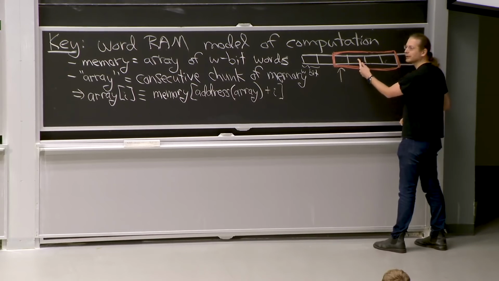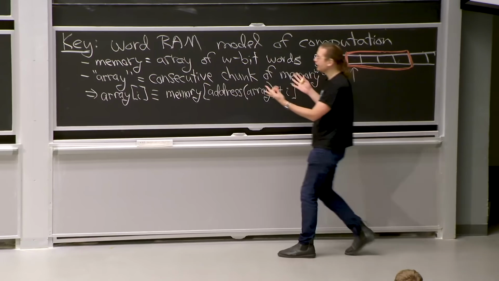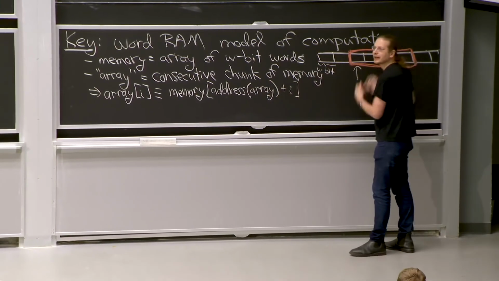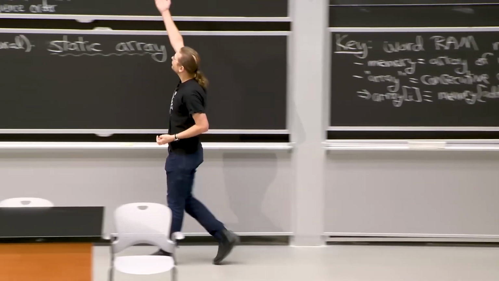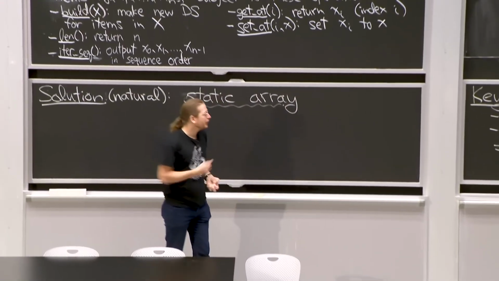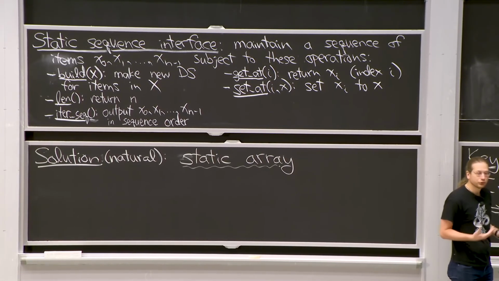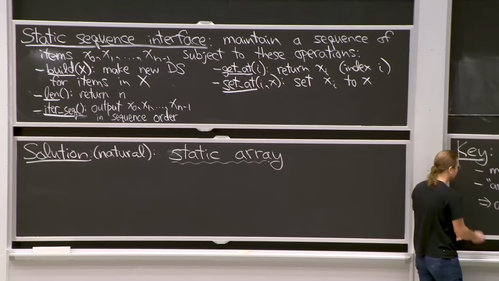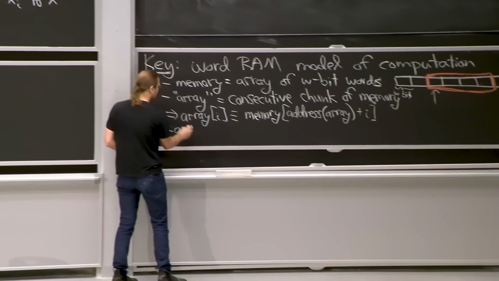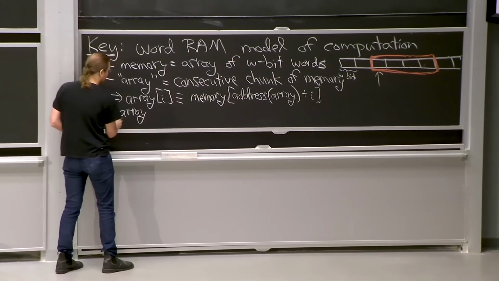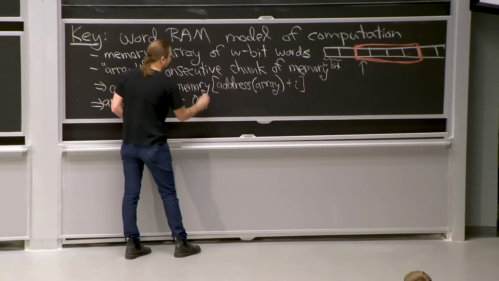The first item is one after that. The second item is one after that. So as long as I store my array consecutively in memory, I can access the array in constant time. I can do get at and set at as quickly as I can randomly access the memory and get a value or set a value, which we're assuming is constant time. So array access is constant time.